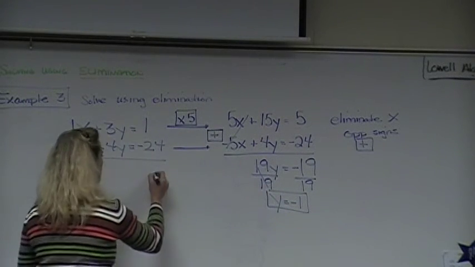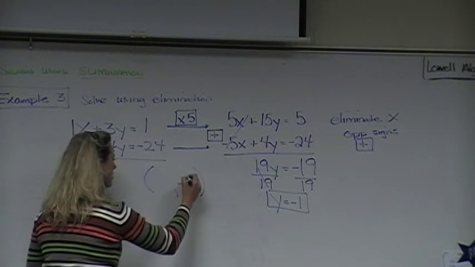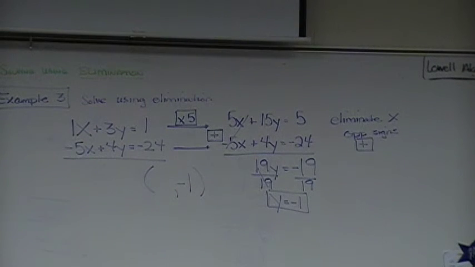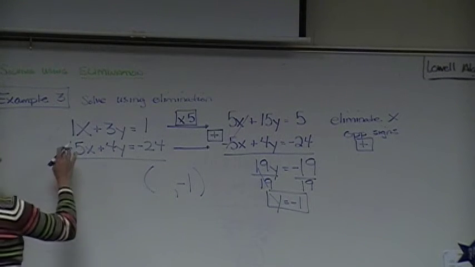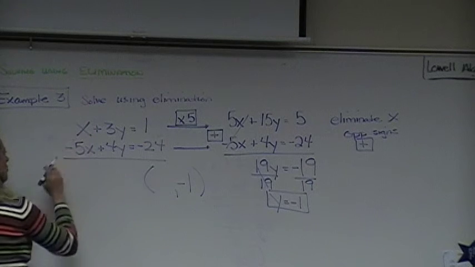Now I've only got half my answer. I've got my y and I need to find my x, so I go back into one of the two equations. Which one is easier to plug into, the top or the bottom? The top, yeah. Much smaller numbers, and they're all positive. If you don't want to put the 1 there, that's fine.